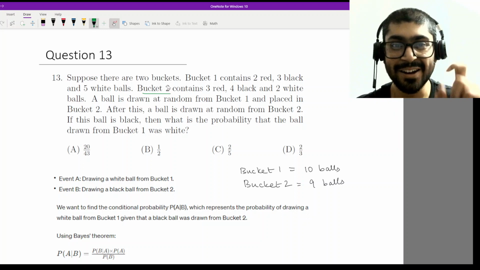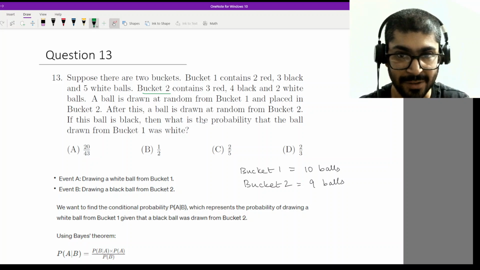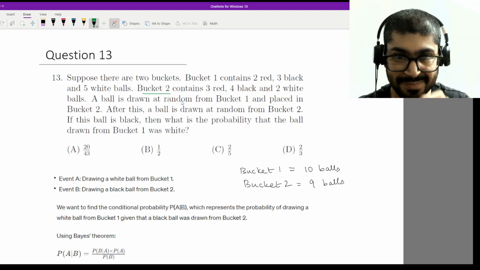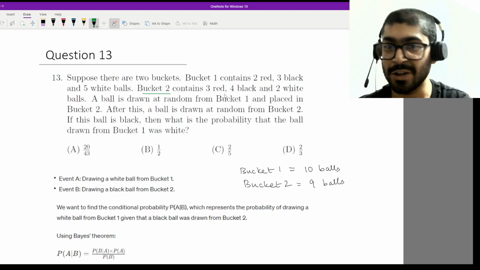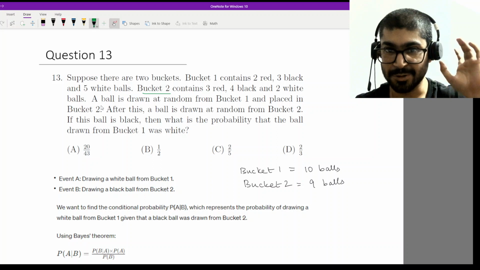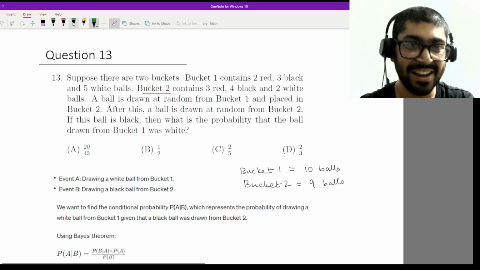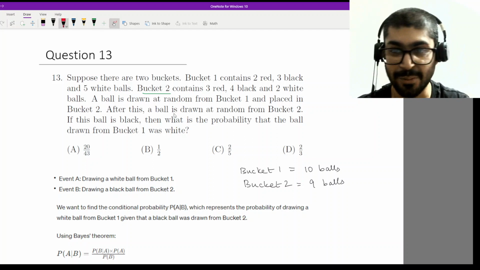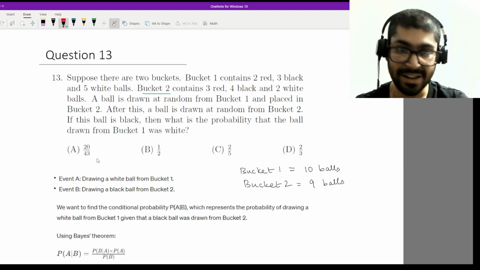The numerical value of 2 does not appear anywhere in the sum, so when you are reading the sum, please do not be so quick that you add this 2 to the total number of balls. Bucket 2, the 2 has nothing to do with the sum. While I was trying this sum in rough space, I actually added this 2 to the total number of balls and started working with 11 balls, which got me a very different answer. So be very careful about that.